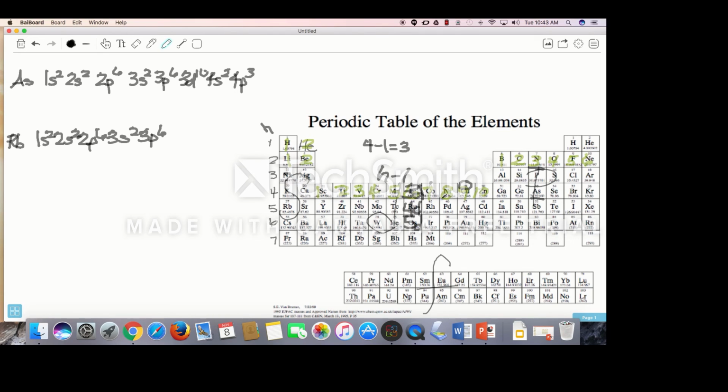I have to go through 3d, so let's go ahead and write 3d10. 4s2 because we're going to write it in order of principal quantum number. 4s2, this is going to be 4p6. And then the last one that you will write for rubidium is going to be 5s1.